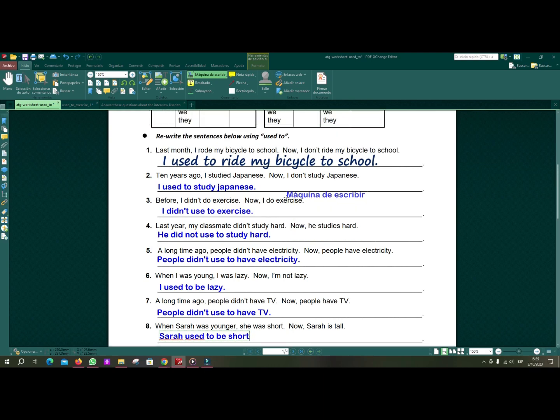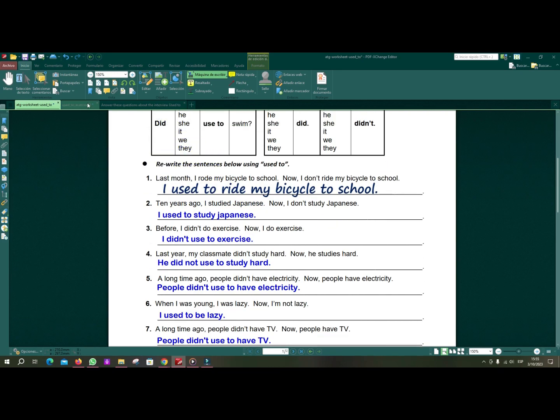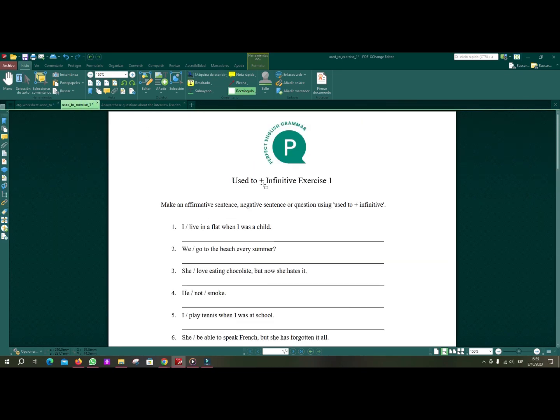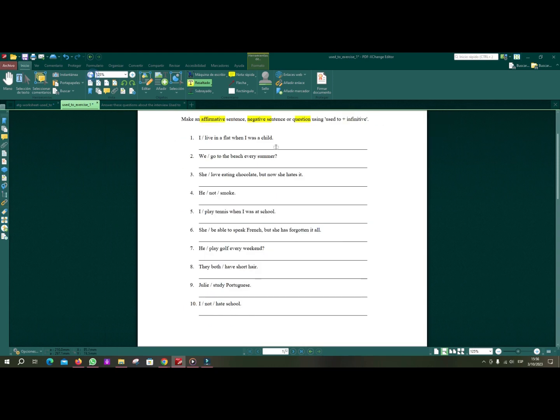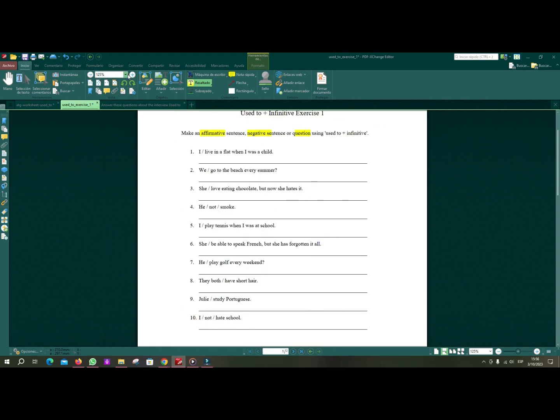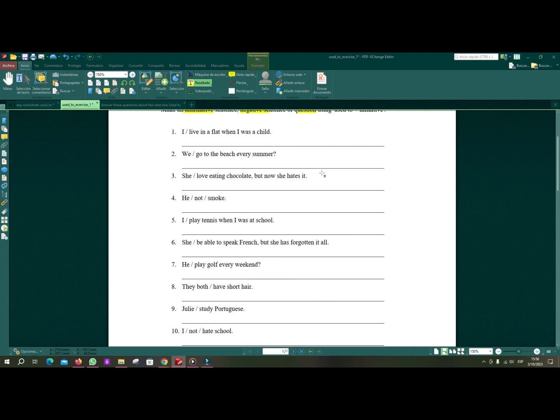I guess you don't have questions about that one. So let's go to the other one. Here you have this. Make an affirmative sentence, negative sentence, or questions using used to plus the infinitive. So you can write affirmative, negative, or interrogatives, right? So, for example, let's see, the number 1. Here you have, I live in a flat when I was a child.